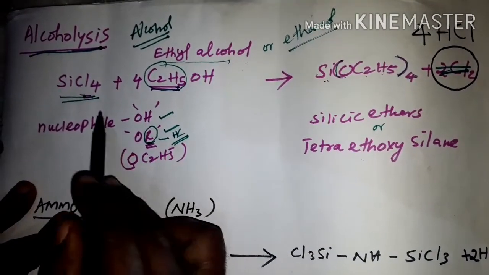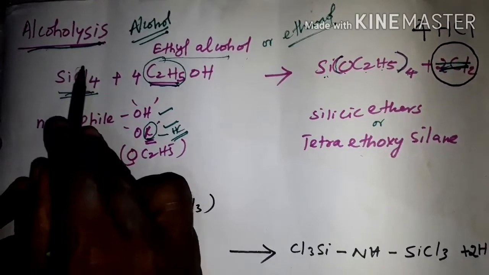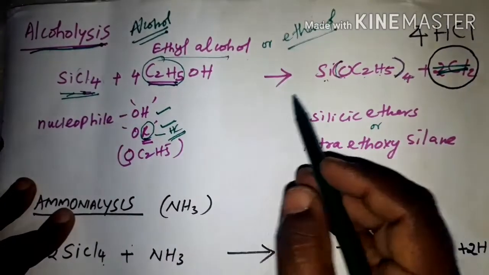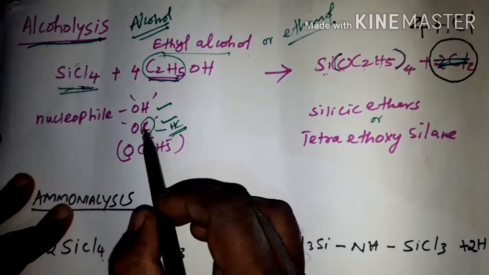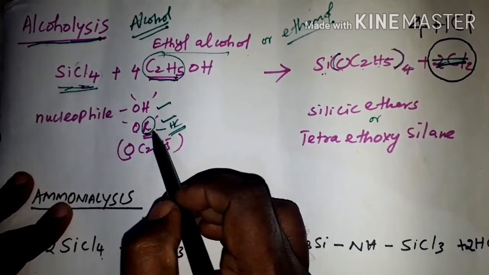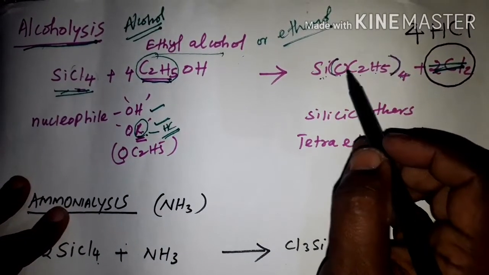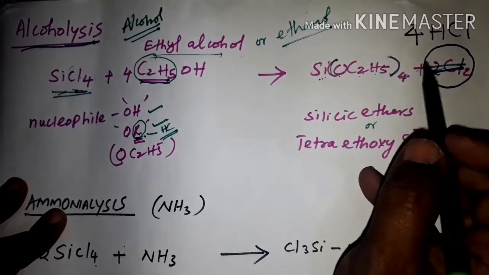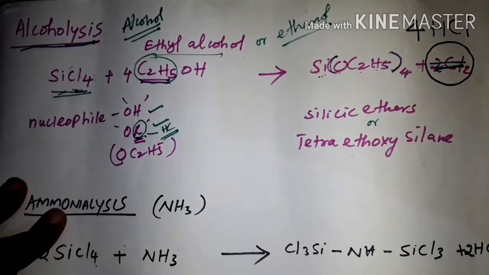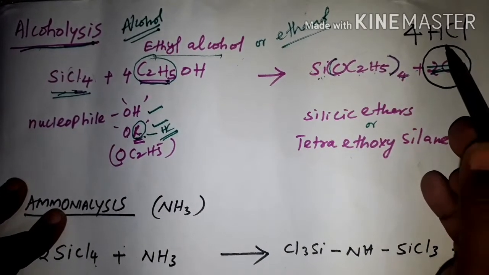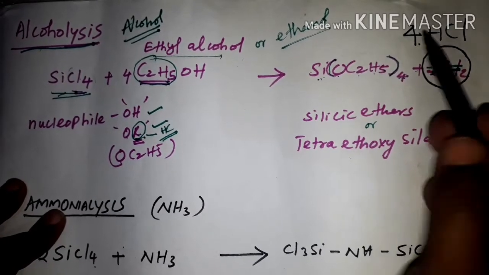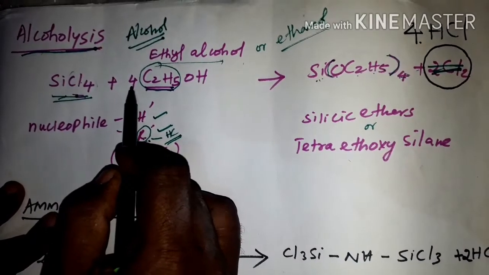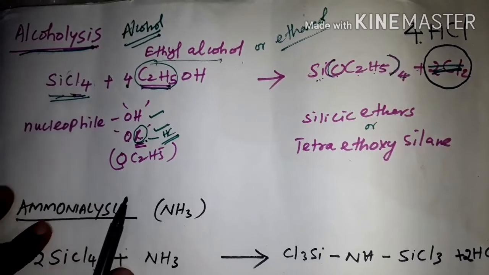So what will happen? All the chlorine atoms on the silicon are replaced by OR, where R is C2H5. So Si(OC2H5)4 plus HCl. So balance the equation. We are getting here 4, then here also 4. So that's all about the alcoholysis.